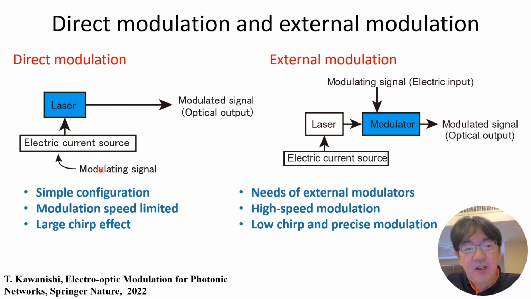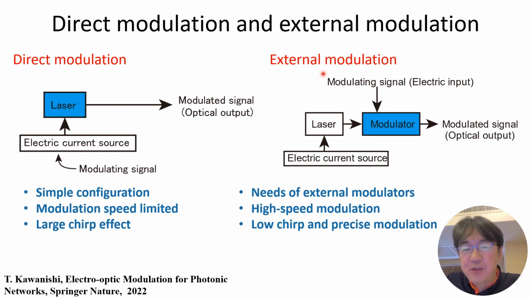The configuration is very simple, but the modulation speed is limited by the response of the laser itself, and it has a large chirp effect. I will explain the chirp effect later, but it means undesired phase shift or frequency shift. Even if we want to change the amplitude, we would have an undesired large frequency shift or phase shift.